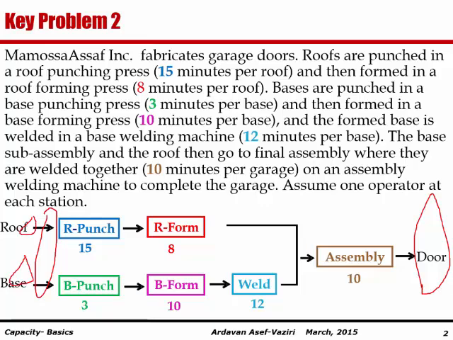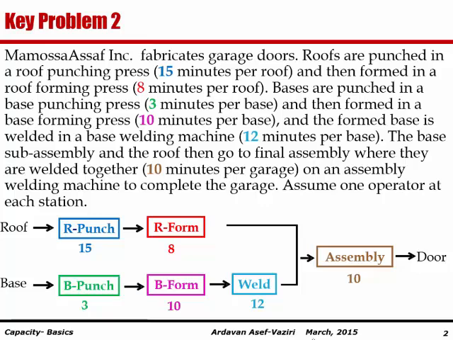We have not considered them. At all of these points, we may have some inventory. So whenever I talk about flow time, that includes triangles and rectangles. If we do not want to talk about triangles, then we are talking about theoretical flow time.